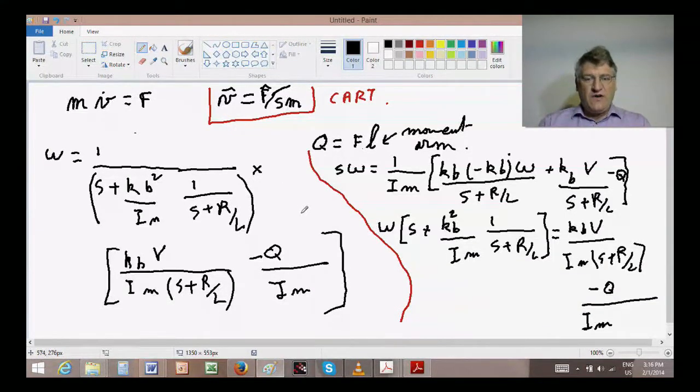This represents a fairly complex equation, and it might be useful to understand how to simplify it.